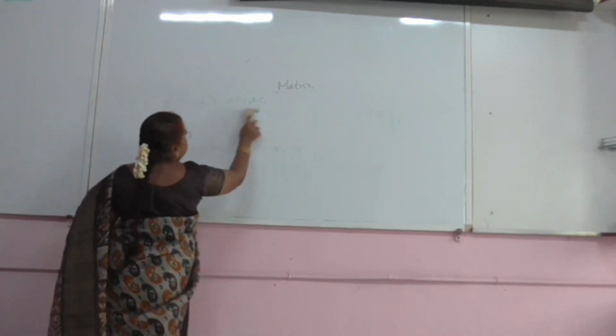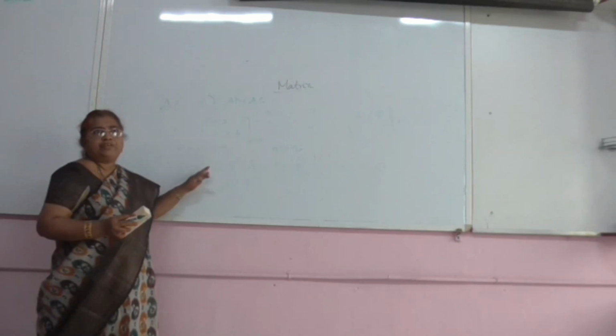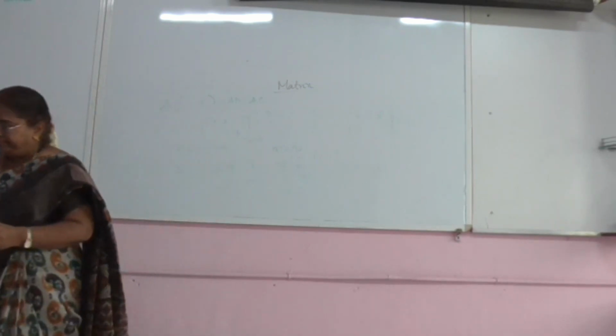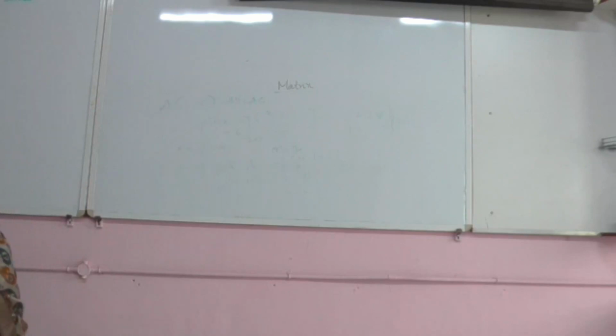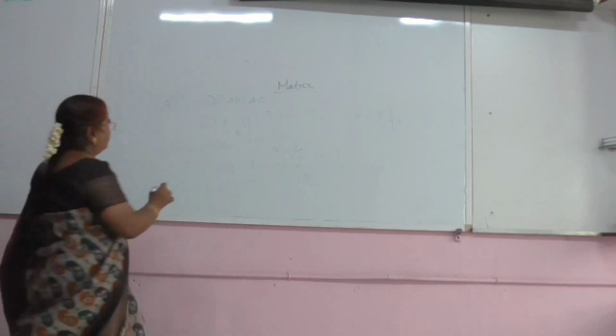Till now we discussed different types of matrices: rectangular matrix, square matrix, column matrix, row matrix. Diagonal matrix.